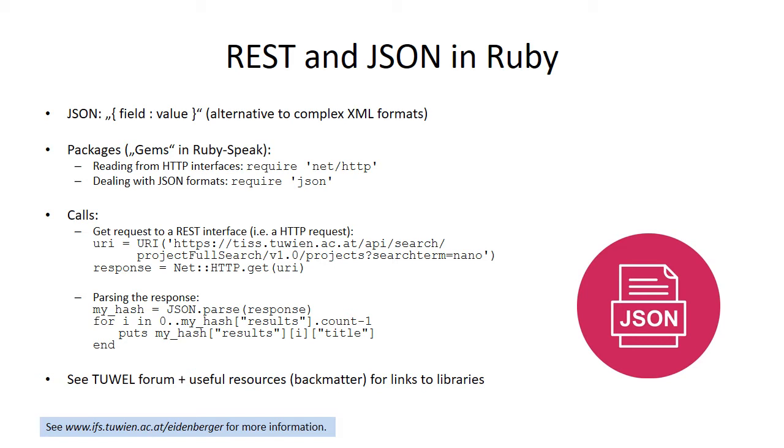Okay, so how do you actually request a REST interface? By first defining the resource identifier and then employing an HTTP GET call with the resource identifier and storing the response package in an independent variable. How do you parse it? By employing the parse function of JSON on the response object of the HTTP call. Very simple.